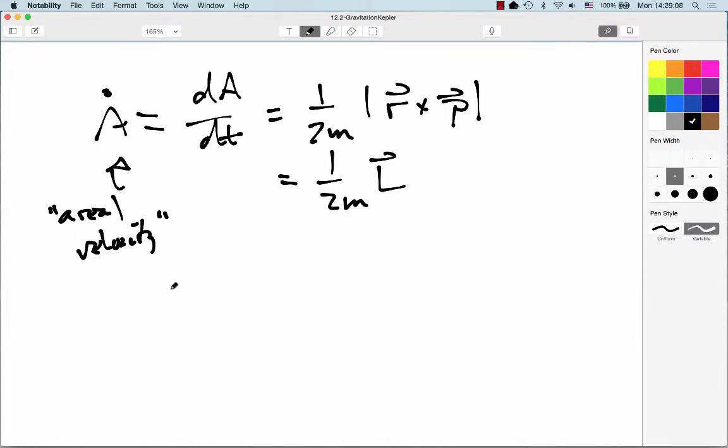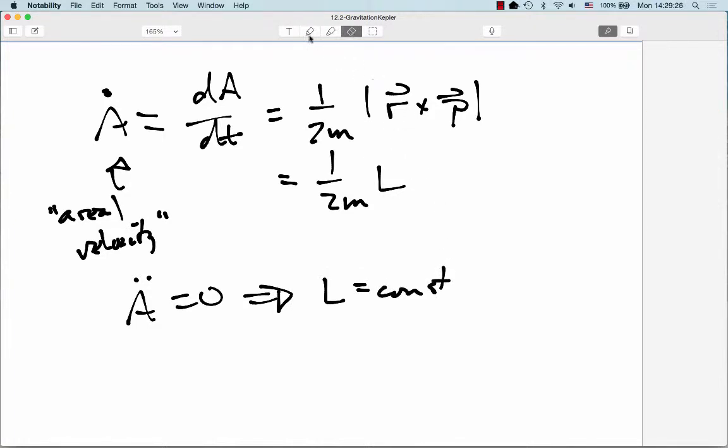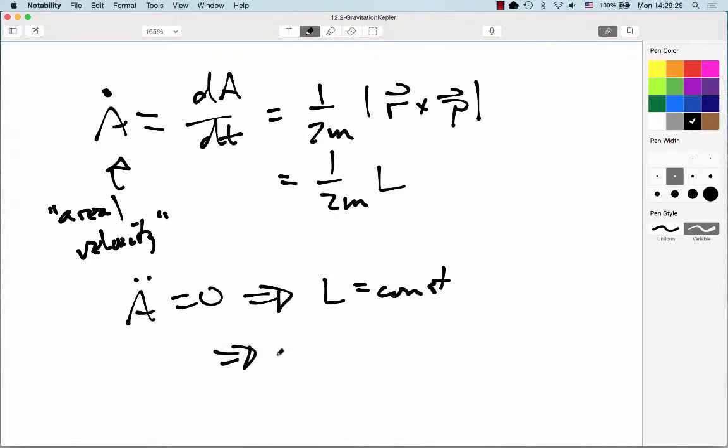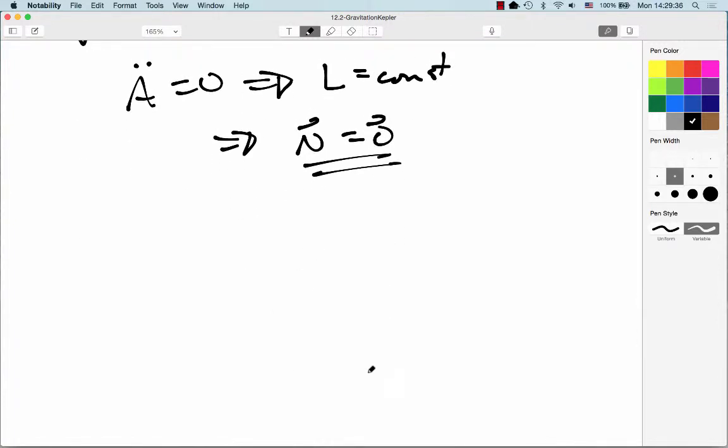Now, since we want equal areas in equal times, what this really says is we want A double dot to be 0. Well, for that to happen, that implies that L is a constant. And that in turn implies that the torque is 0. Now, since the force isn't 0, the only way that you can have a 0 torque is if the force law is central.